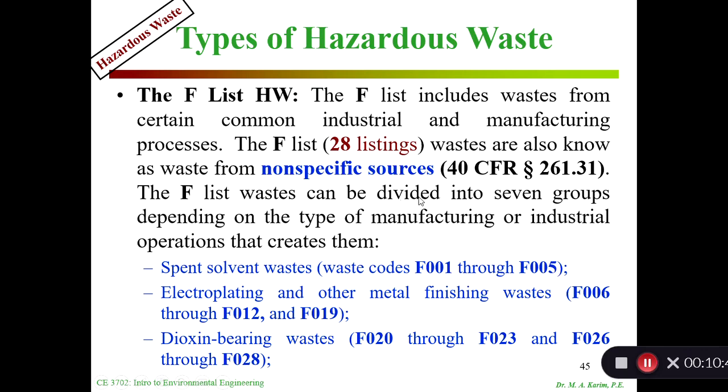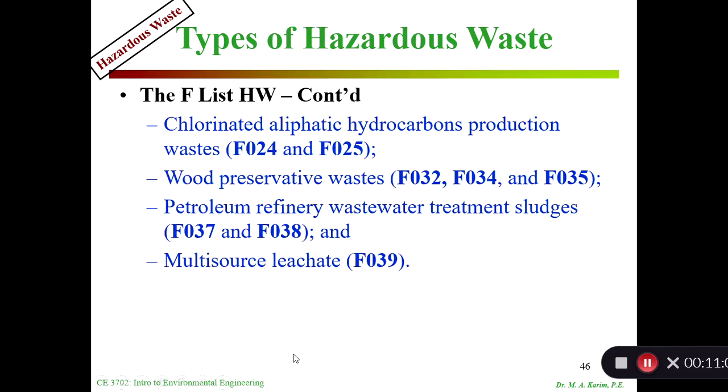F list waste can be divided into 7 groups depending on the type of manufacturing or industrial operation that creates them. Spent solvent waste, codes F001 to F005. Electroplating and other metal finishing, F006 to F012 and F019. Dioxin-bearing waste, F020 to F023 and F026 to F028.